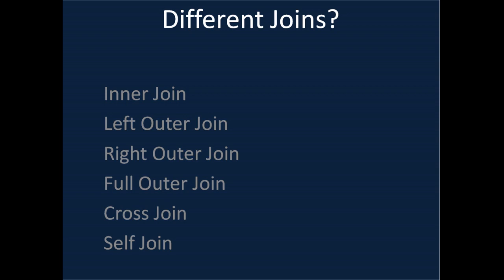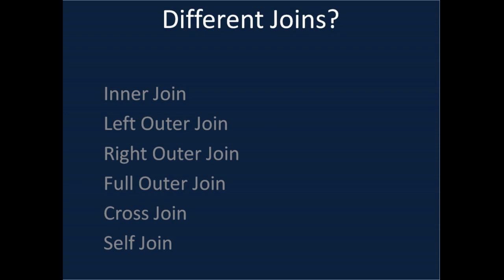Before going into each and every one of these, let's see with an example how inner join works or how left outer join works. So we will go to each and every join, understand it with an example, and then see a demo of it.